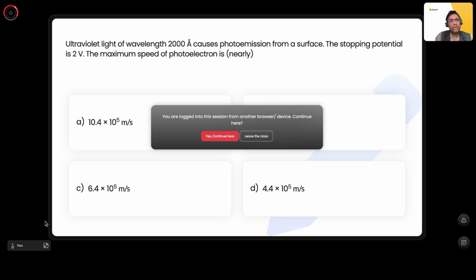Next question. Maximum kinetic energy of a photoelectron is E when the wavelength of light incident is lambda. Okay. So K max is basically what? hc by lambda minus phi. This is the expression for K max over here. All right. Now, the maximum kinetic energy of a photoelectron is E when the wavelength of light lambda is used.